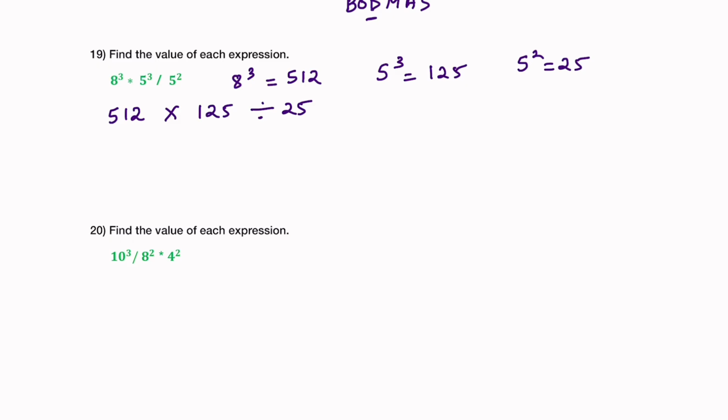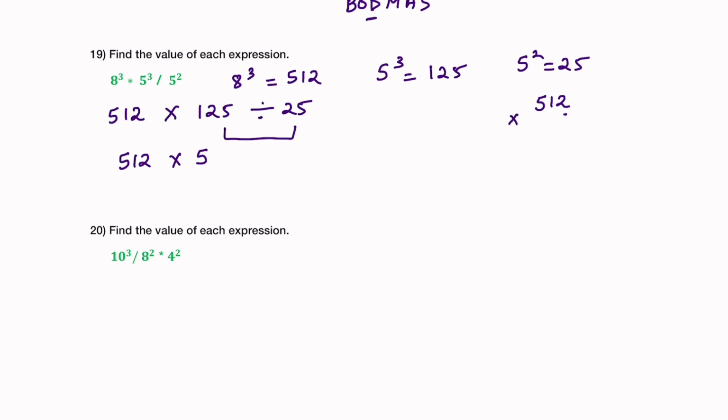So first we do division. So we have to do this part. So that's 512 times 25 times 5 is 125. We know that, right? 25, 50, 75, 100, and 125. So that's 5. And now we do the calculations here.